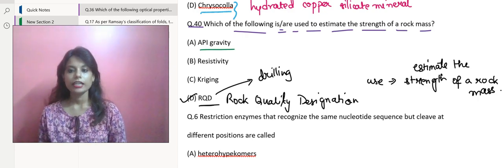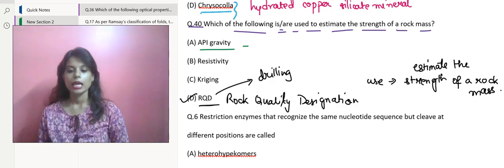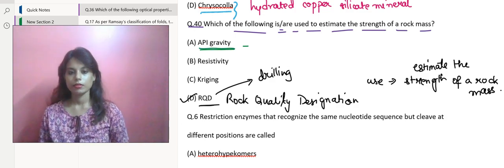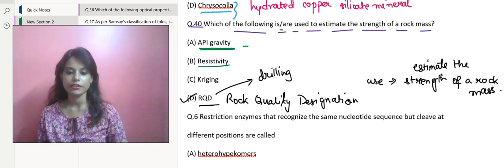Starting with API gravity. API gravity is a measure of the density of petroleum products. Okay, and resistivity, on the other hand, is a measure of the ability of a material to conduct electrical current.